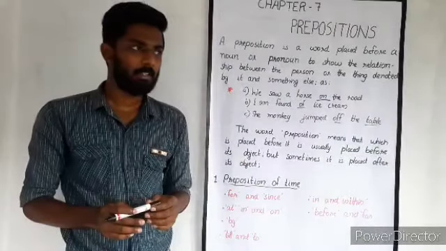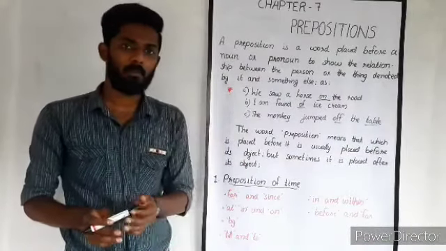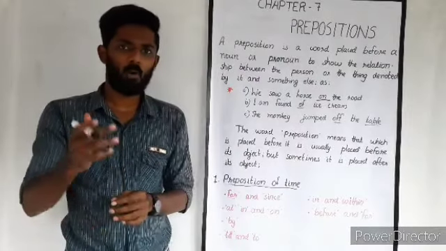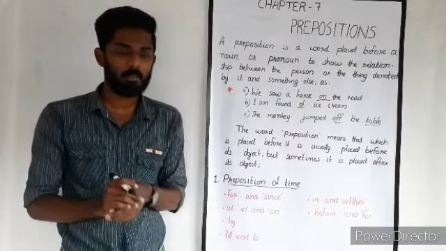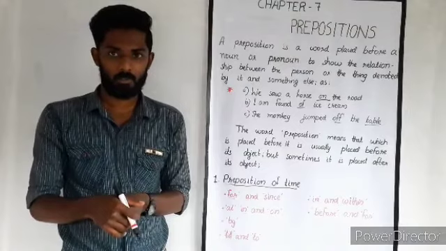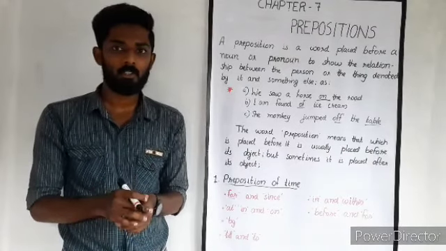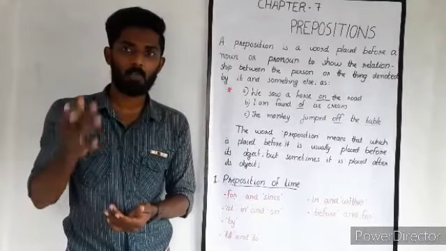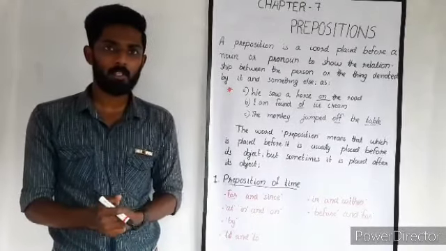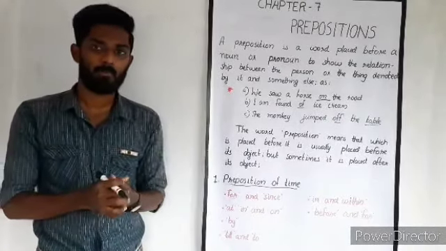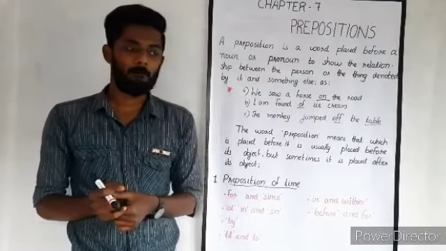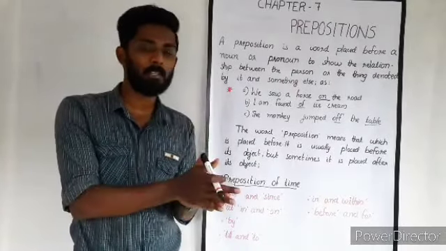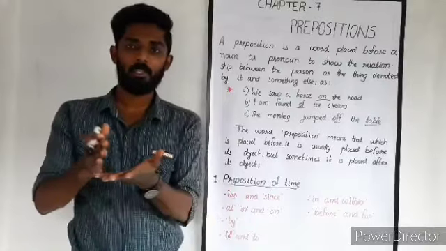And the other thing which we have to keep in mind is the difference between on time and in time. On time speaks about punctuality, and in time means before the time appointed. For example, you have to come on time, in the sense you have to come at that particular time.